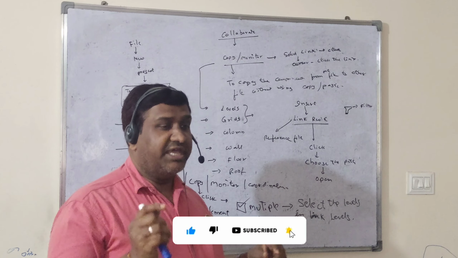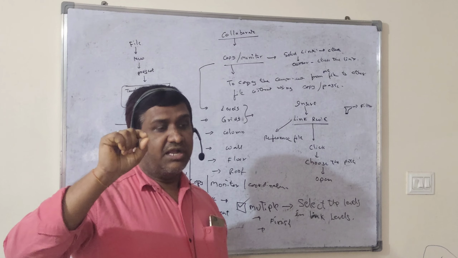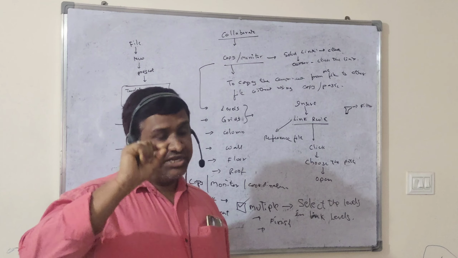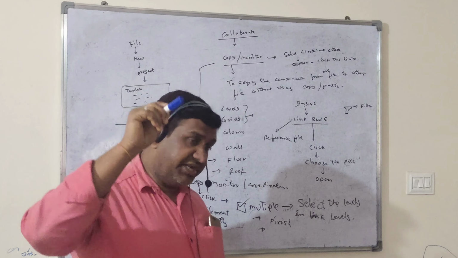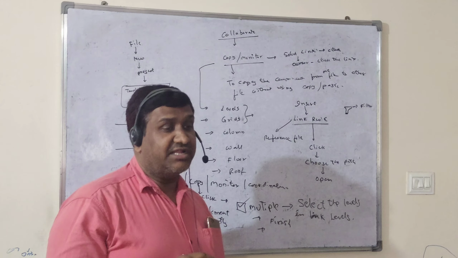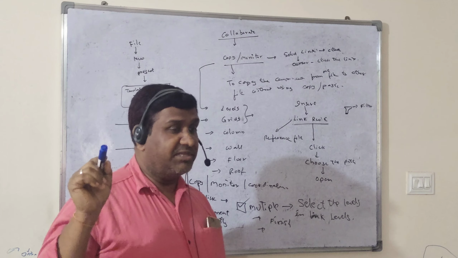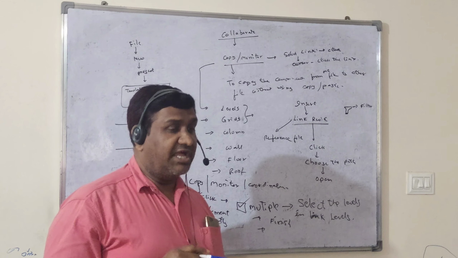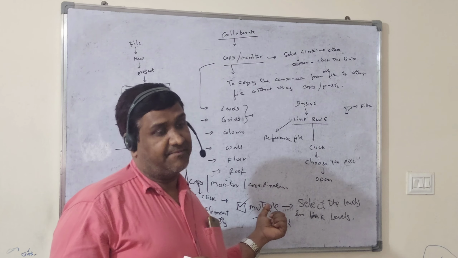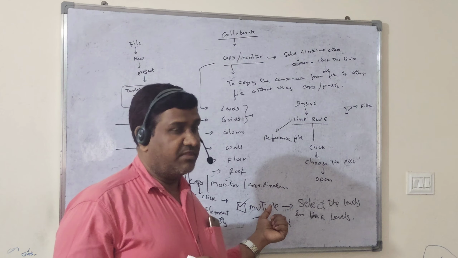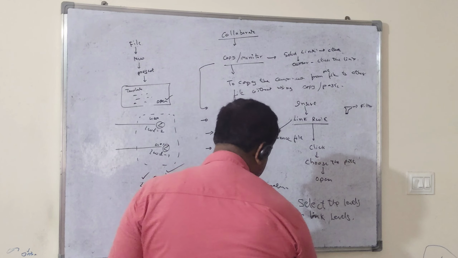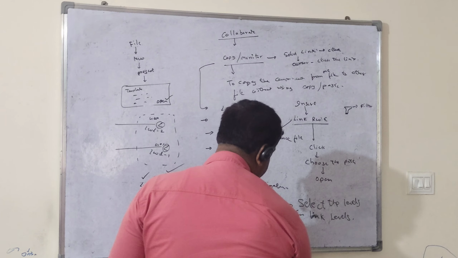After finishing, a small symbol appears, and we call that symbol a monitor. So monitoring symbols appear. If the monitor symbols appear on all the levels, then you can understand that all the levels have been copied perfectly as per the reference file which you have taken as a link file.